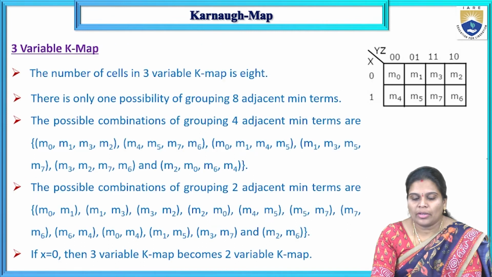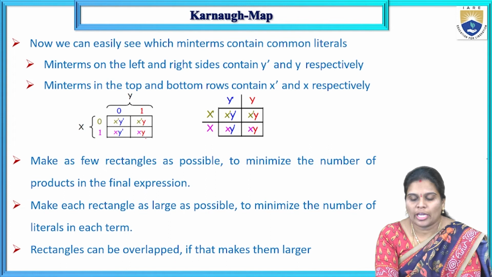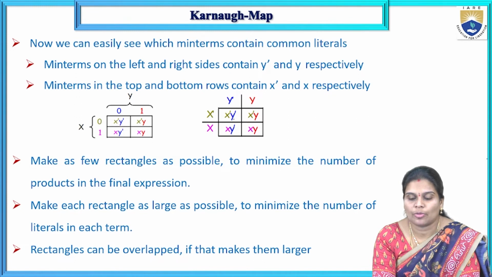So for example, if you are taking this two variable K-map, now I want to form the groups. How can we form a group? Only adjacent square boxes can form a group. Either these two square boxes or these two square boxes.